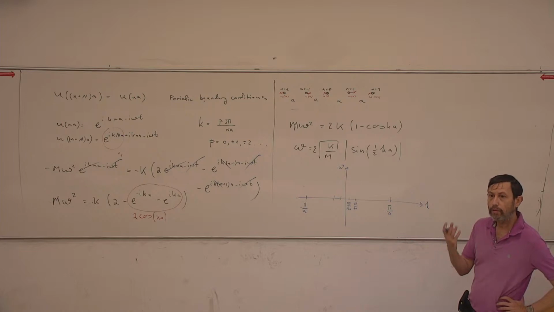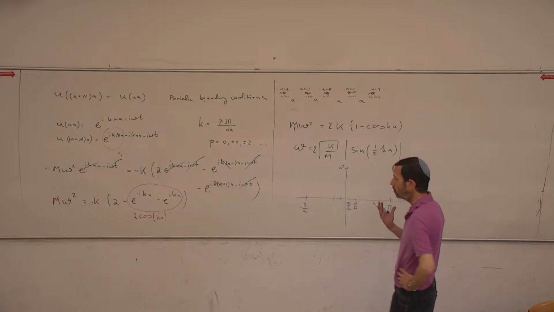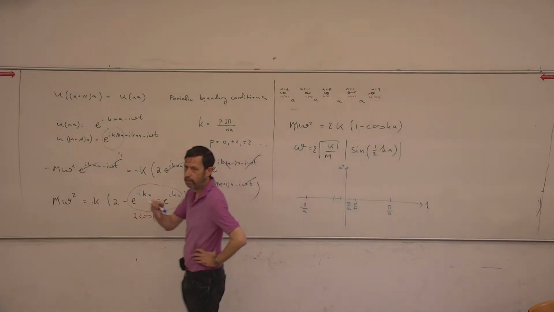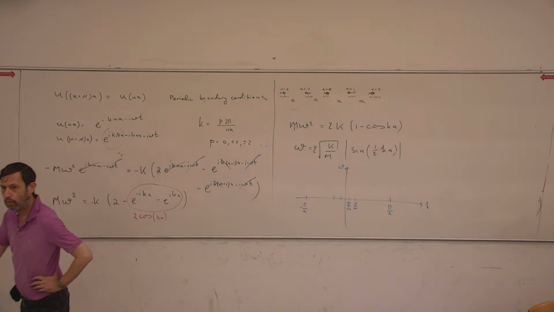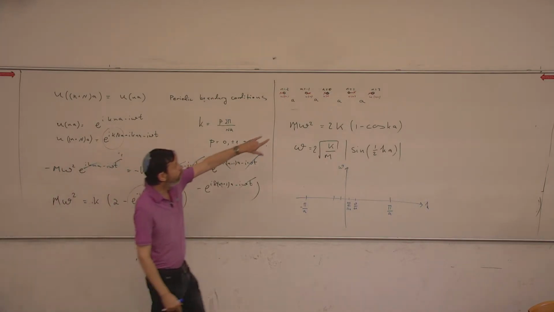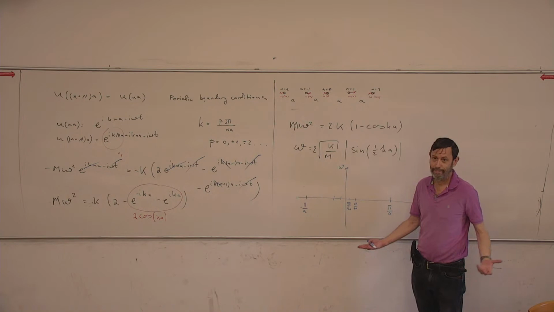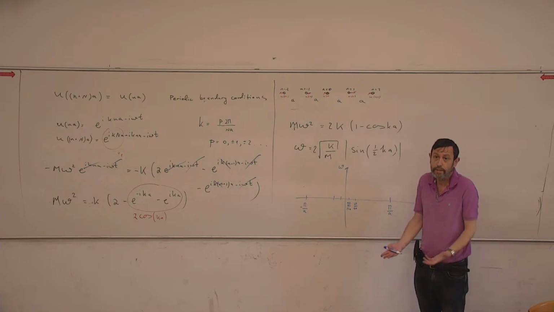When we're talking about a discrete system, we're limited in which k are relevant, for the simple reason that you should always remember that the k of a Fourier transform describes behavior at 1 over k distances. Now, there are no points that are closer than a, so it's meaningless.